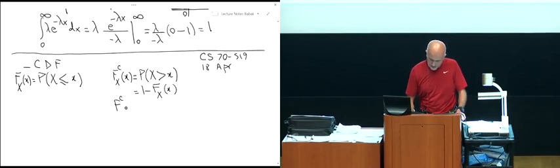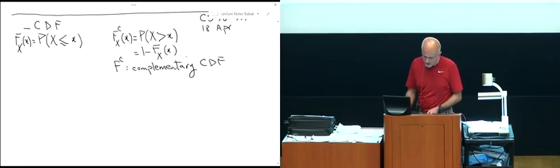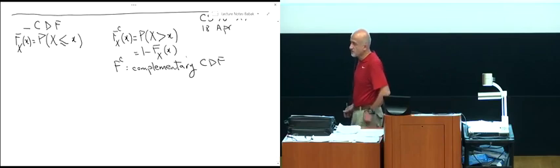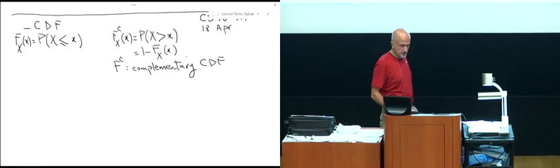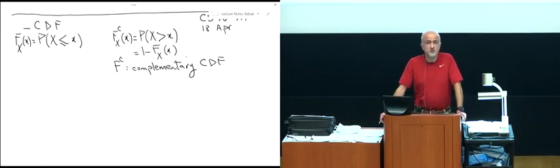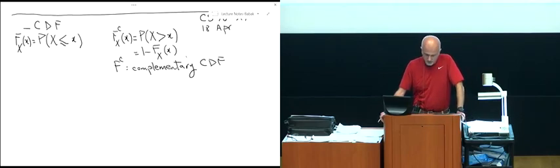So F^C is called the complementary CDF. We won't really make use of this in this class, but I will mention it again in the context of Gaussian random variables, because some of the tables for Gaussian random variables are typeset in terms of the complementary CDF.